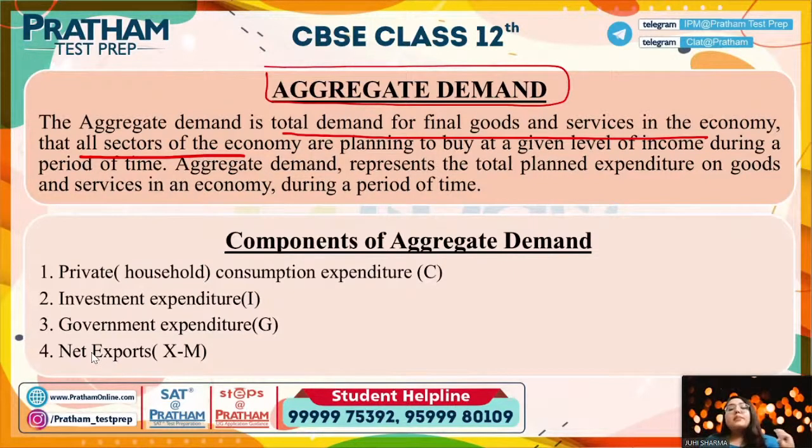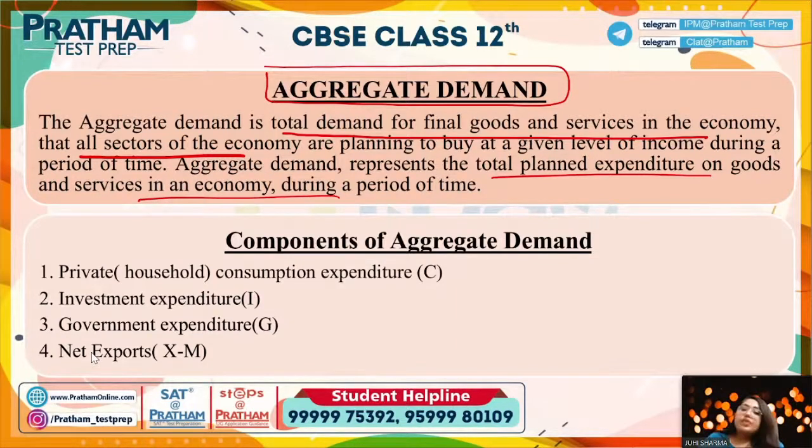So this aggregate demand represents the total planned expenditure on goods and services in an economy during a period of time. मतलब एक period of time में, एक financial year में आप बोल सकते हो जितना भी expenditure planned है on final goods and services, उनका जो total demand है, that is the aggregate demand of all the final goods and services which are produced in an economy by all the three sectors.